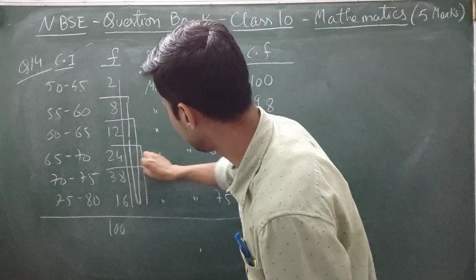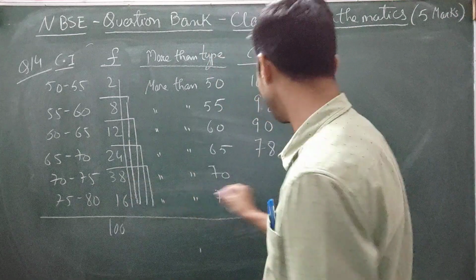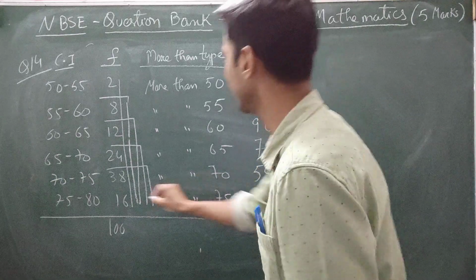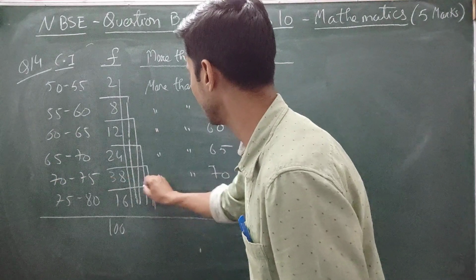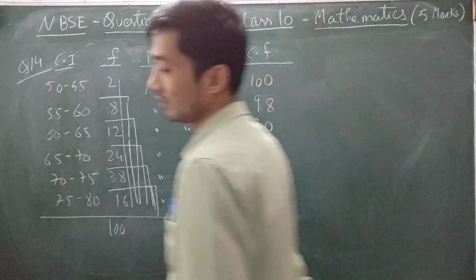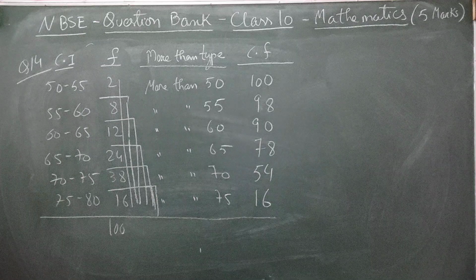Next, more than 70, this one. So here we can just add 14, and 38 plus 16, 54. And finally, more than 75, this one, 16. So that's what we will be getting: 100, 98, 90, 78, 54, 16.